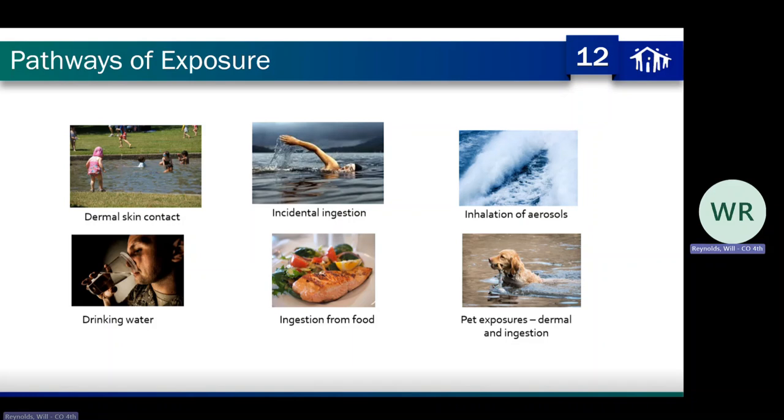And then, of course, pet exposures. Again, these animals have a tendency to drink from these water bodies more so than people would. So they're far more likely to suffer the effects, and not only through drinking water, but as well if they're swimming around through a HAB and get out of the water, the cyanobacteria will cling to their paws, to their fur, and they'll begin to lick it off, and they can be exposed that way as well.